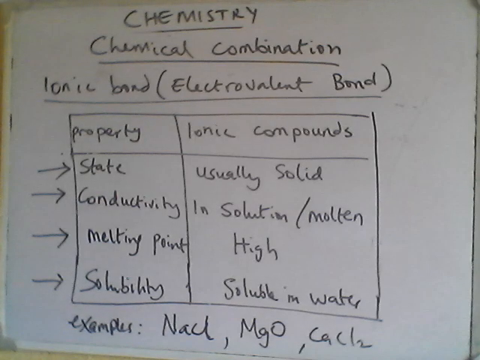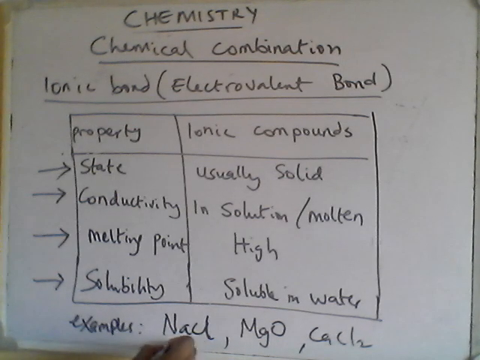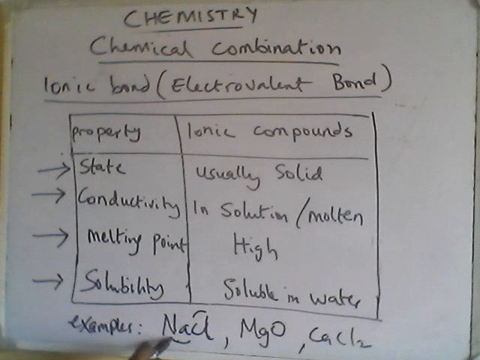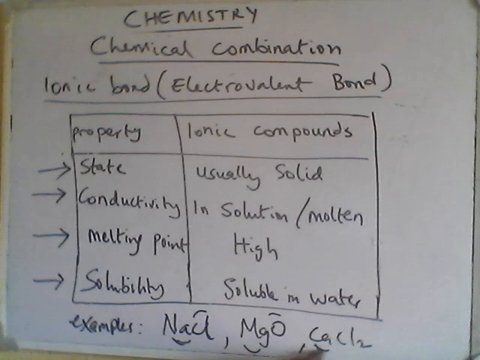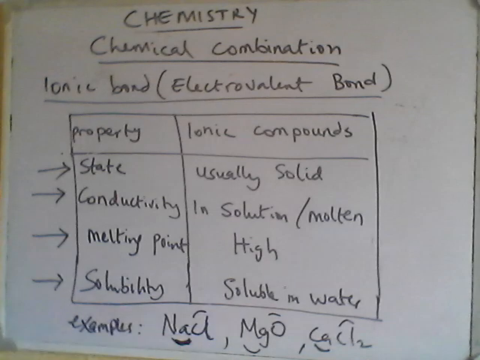These are basic examples of electrovalent bonds. The thing about electrovalent bond is that there is a transfer of electrons from the metal to the non-metal. So you have sodium combining with chlorine, magnesium combining with oxygen, and calcium combining with chlorine. There's a transfer of electrons from the metal to the non-metals.